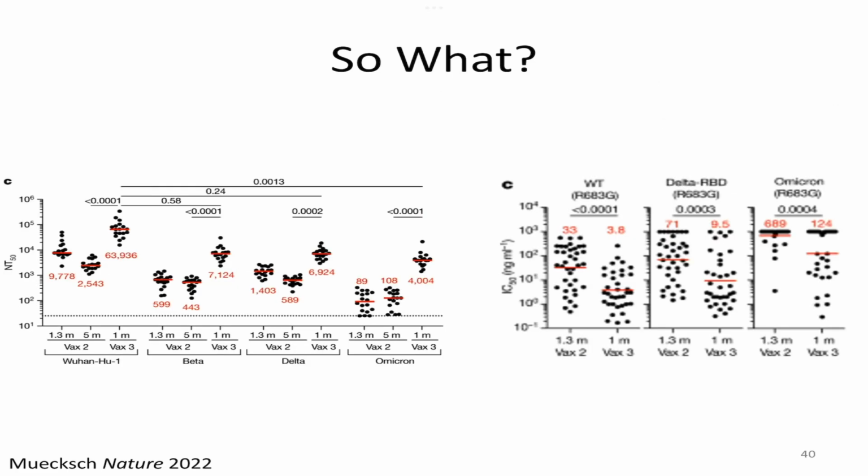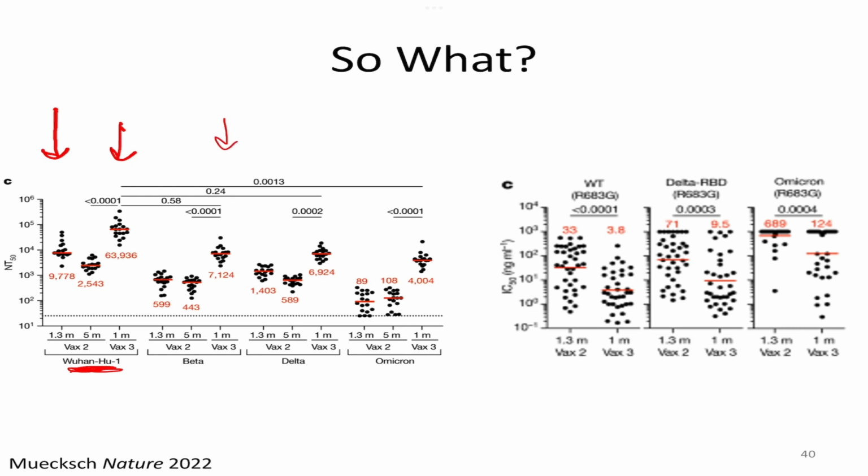But if we look carefully at those experiments, what we can see is that when people get that third dose, and so here notice, say, Vax2 at 1 month and Vax3 at 1 month, all of those people got vaccinated against the original version of the virus, the Wuhan HU1 strain.